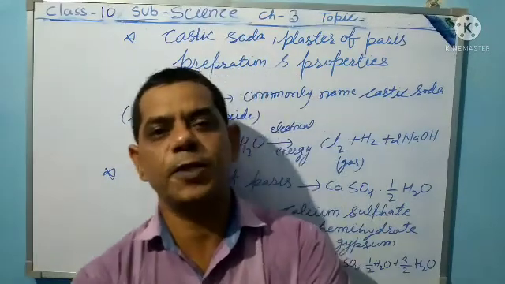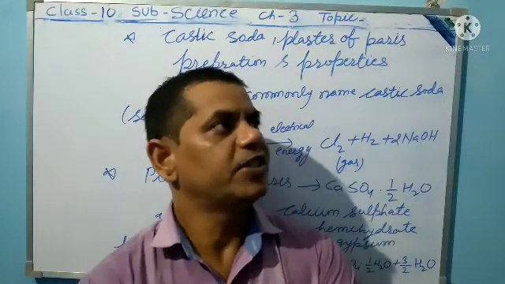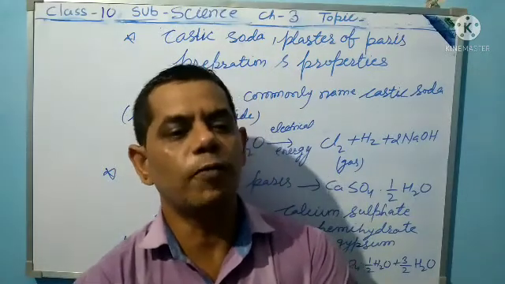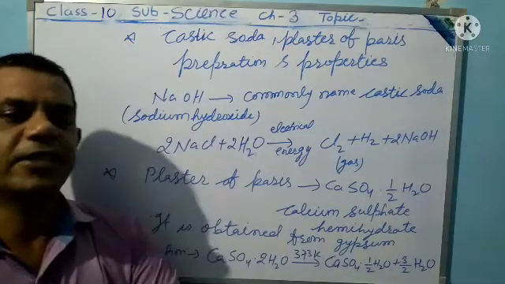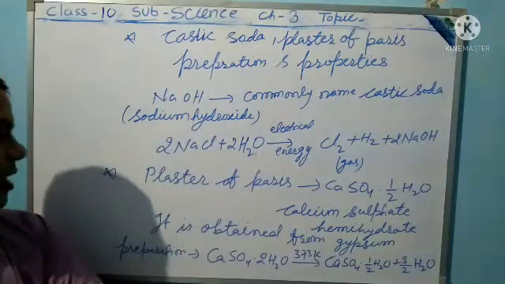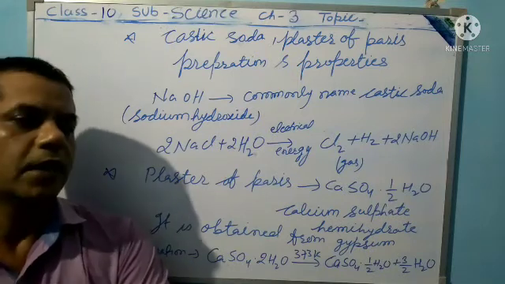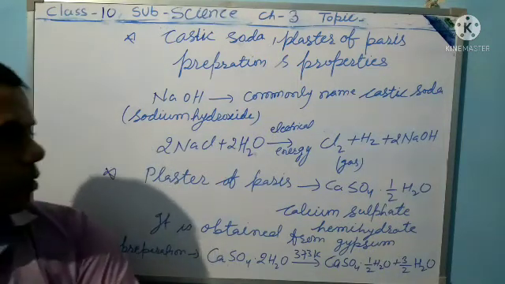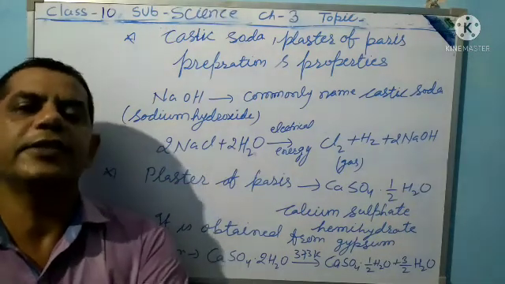Plaster of Paris is obtained by heating gypsum at 373 Kelvin. CaSO4 and 2H2O is gypsum.